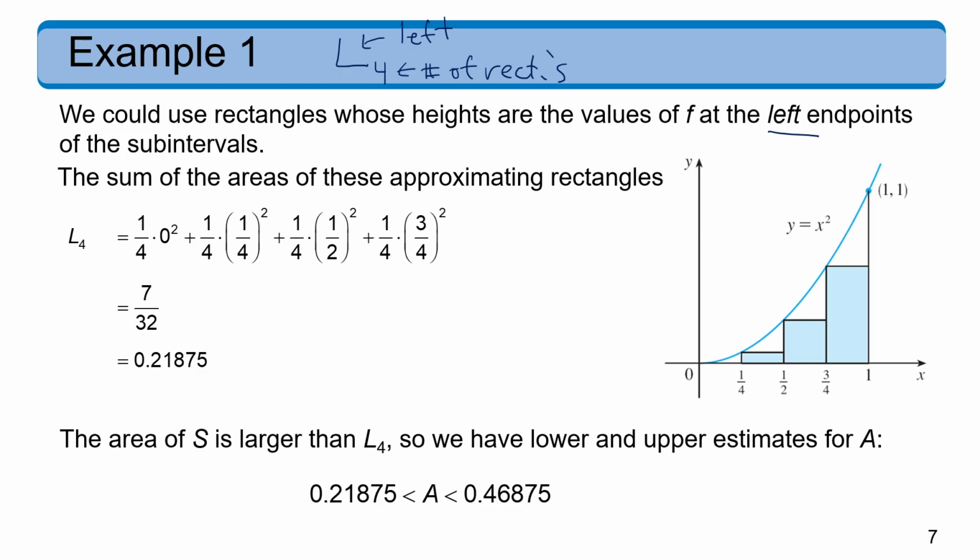Okay, so let's go ahead and do the calculation. We need the width and height of each rectangle. Notice all of them have width 1/4, but the heights are different. Let's look at the third one for an example. To find the height, this time we need to go to the left endpoint, which would be at 1/2.